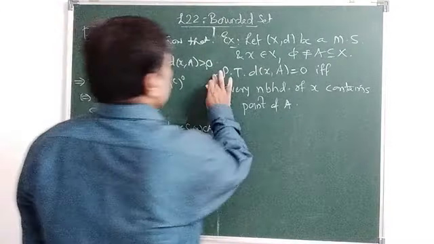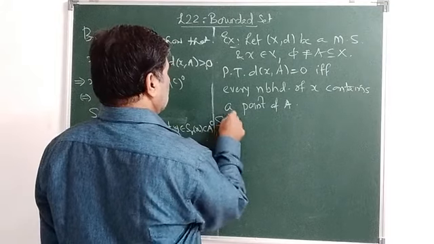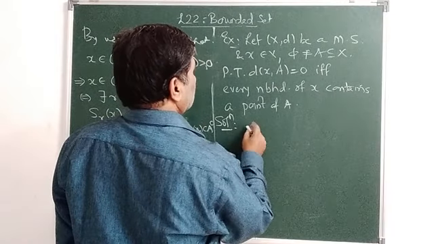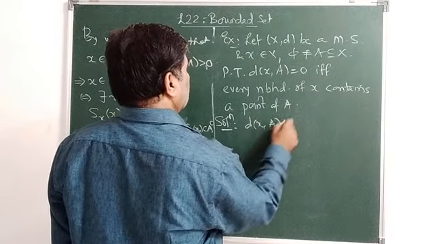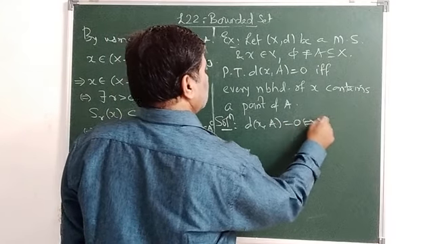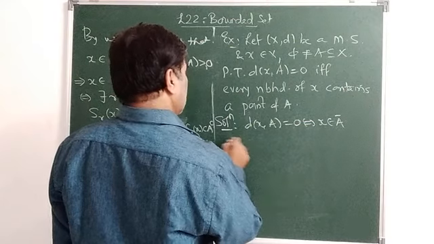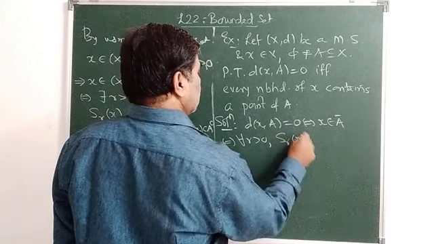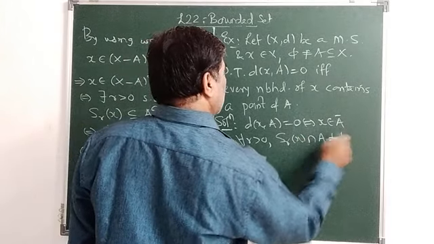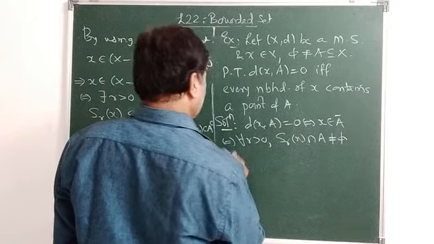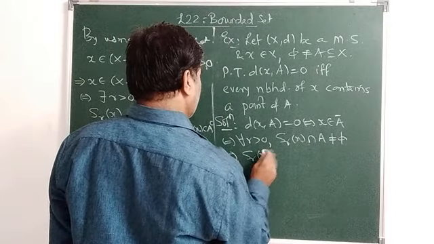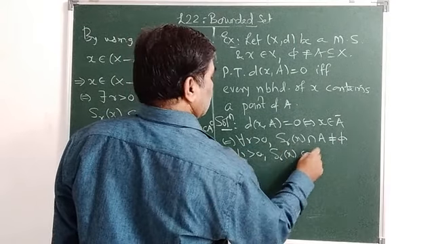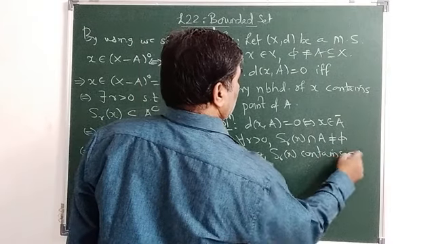Solution: d of xA is equal to 0 if and only if x belongs to A closure, if and only if for any r greater than 0, S_r(x) intersection A is not equal to phi. That is, for every r greater than 0, S_r(x) contains a point of A.